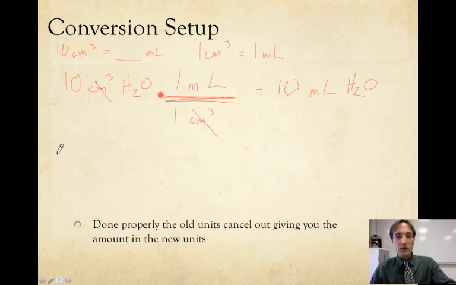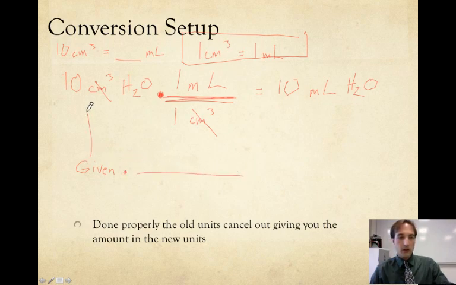Okay, so the key is you need the equality. You need to know how to get there by relating the different units. But setting up this fraction is all about looking at the unit that you're starting with and putting the matching unit on the bottom. The unit that you want goes on top. So the way I remember this is you always have your given, dot, line. By given, I mean it's the number that we were given initially in the problem.